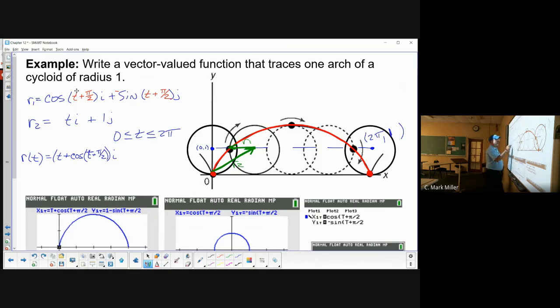And then I'm going to have plus 1 minus, that minus sign right there, sine of t plus pi over 2, j. Right? Turns out that simplifies some, but this is our correct answer. All right, and we'll play with that more.